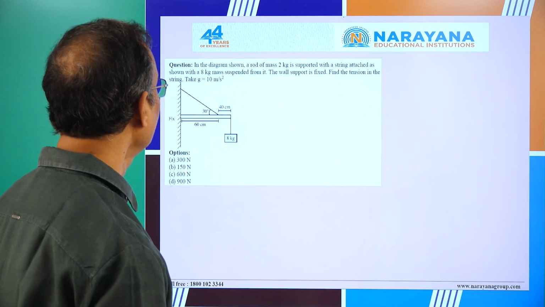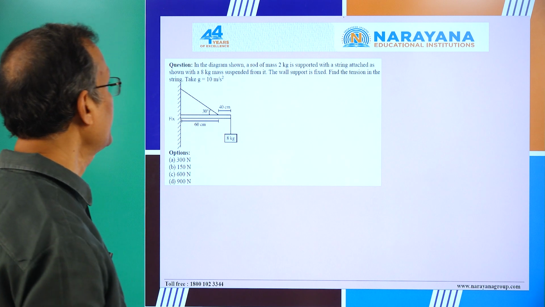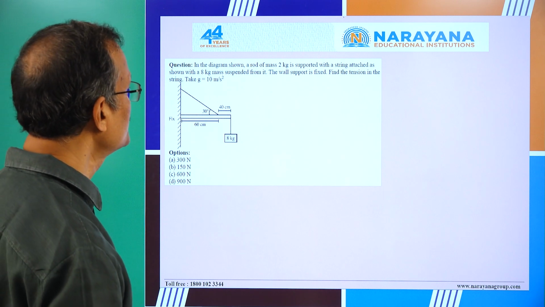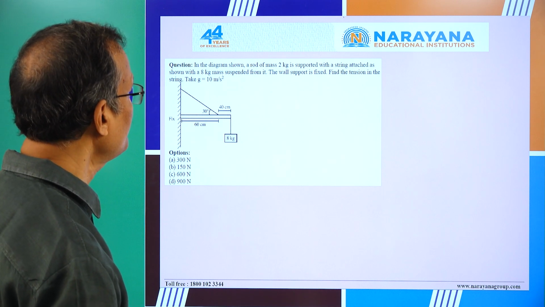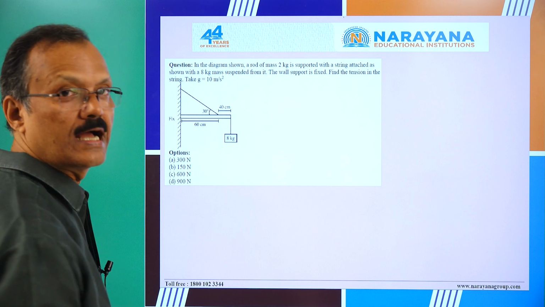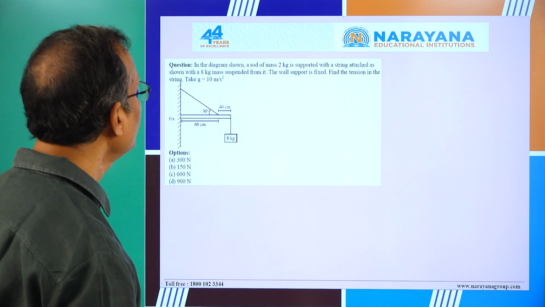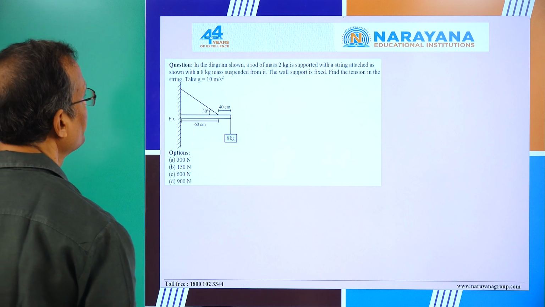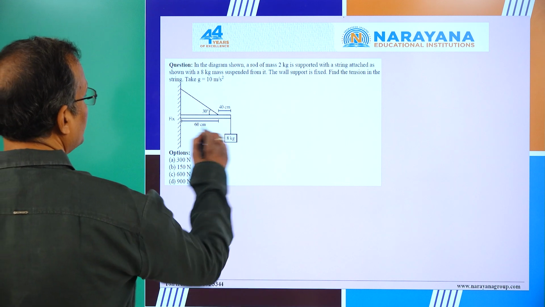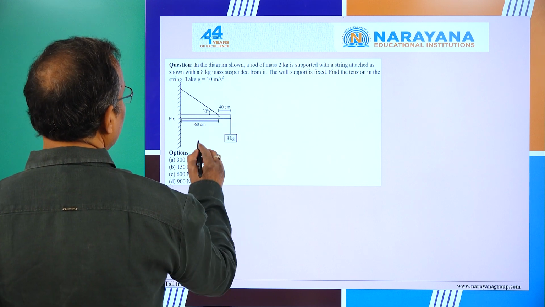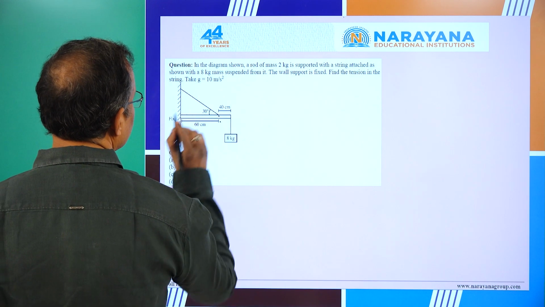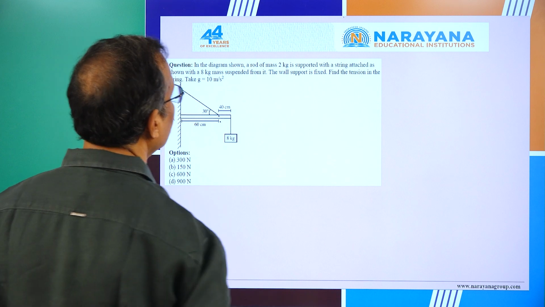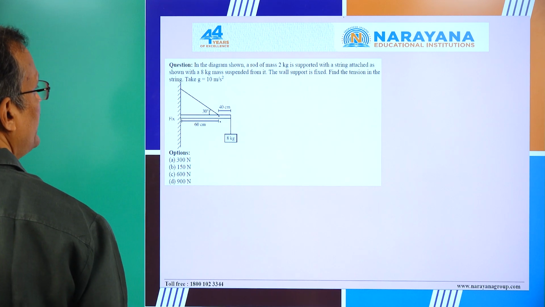They have given you a diagram. In that diagram, there is a rod of mass 2 kg which is supported with a string attached as shown in the figure. They have given you an 8 kg mass. So here you have 8 kg. This is 40 centimeter. It means this distance is 60 centimeter, and the wall support is fixed.